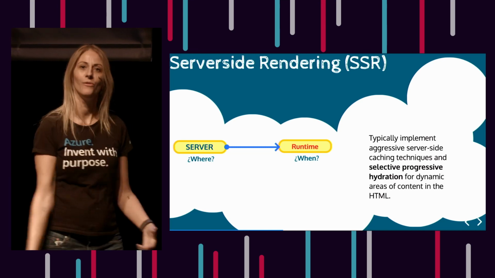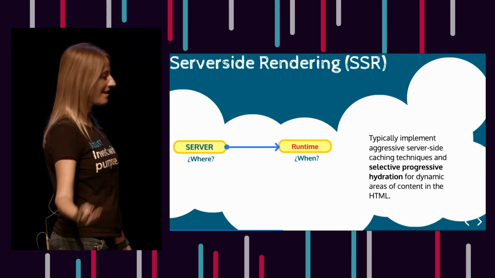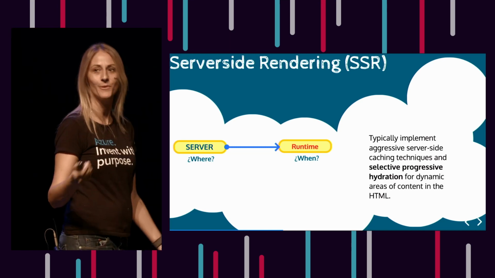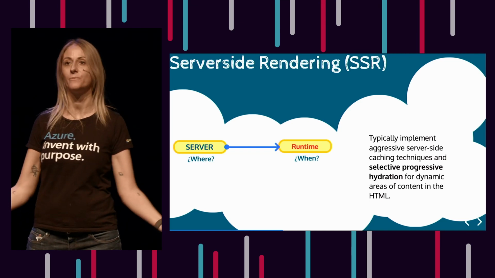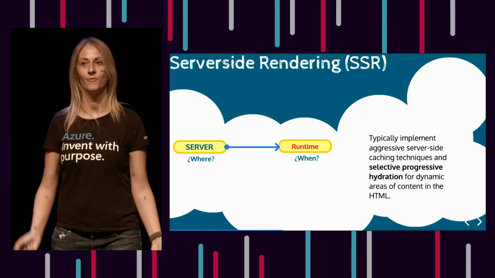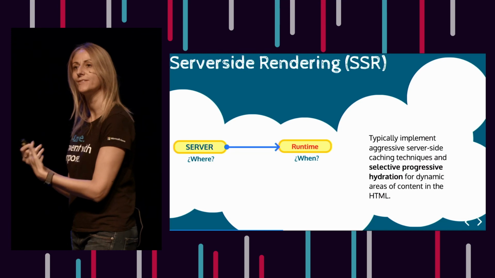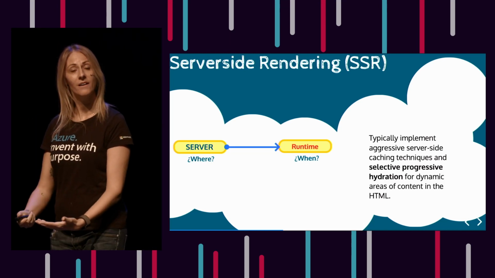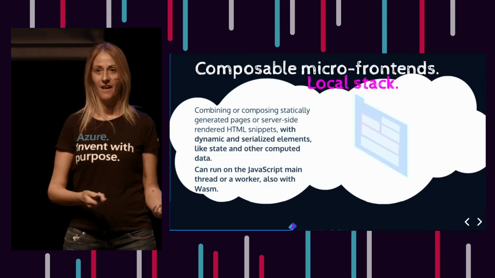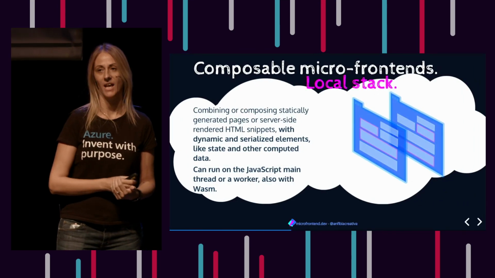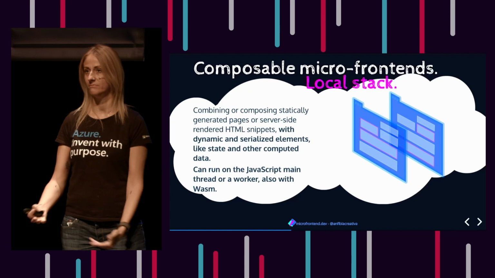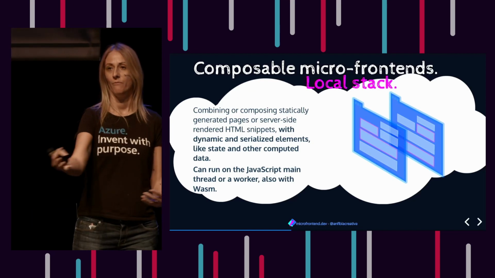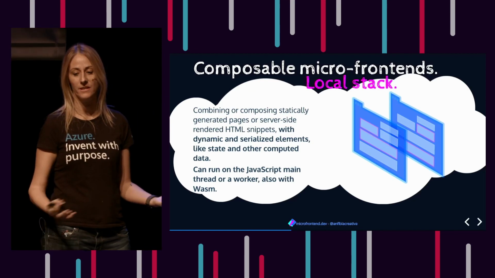Come on, people. Yes, of course, we are. Because why? Because we want to be fast. We want to be performant. We want to deliver experiences that users enjoy and don't want to abandon. And this we do with the use of, for example, composable micro-frontends.